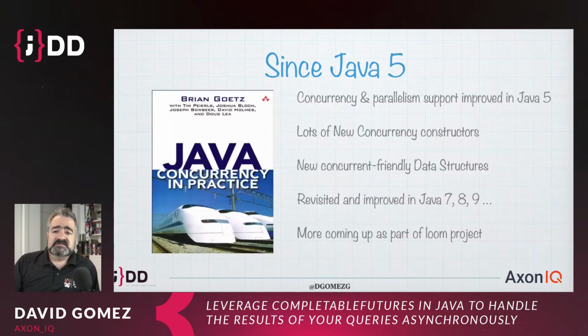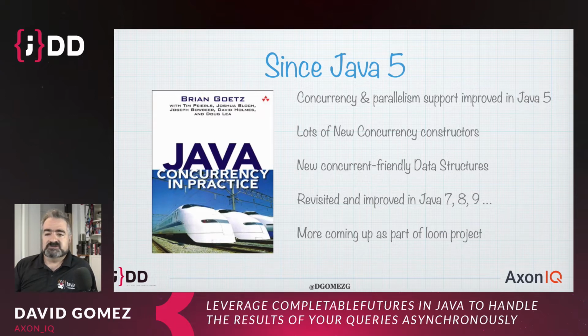But since Java 5, we also had a very big improvement in how Java supports concurrency. There's a very good book on that, Java Concurrency in Practice, which summarizes all the changes and all the new concurrency constructs that were added since Java 5.